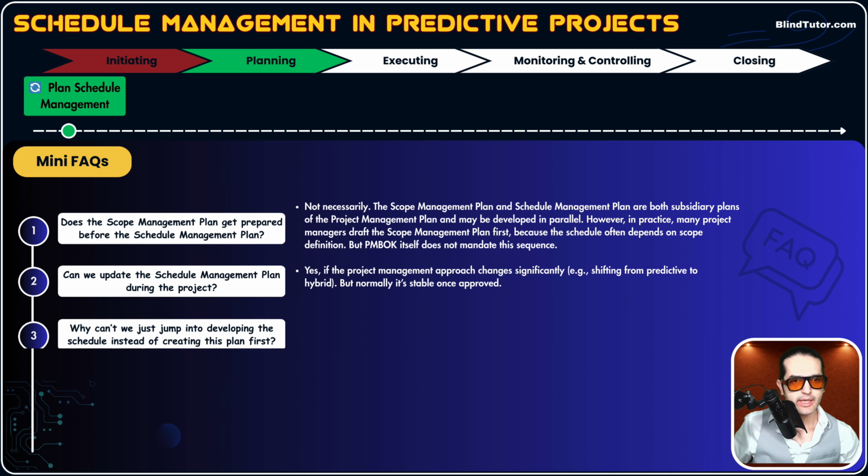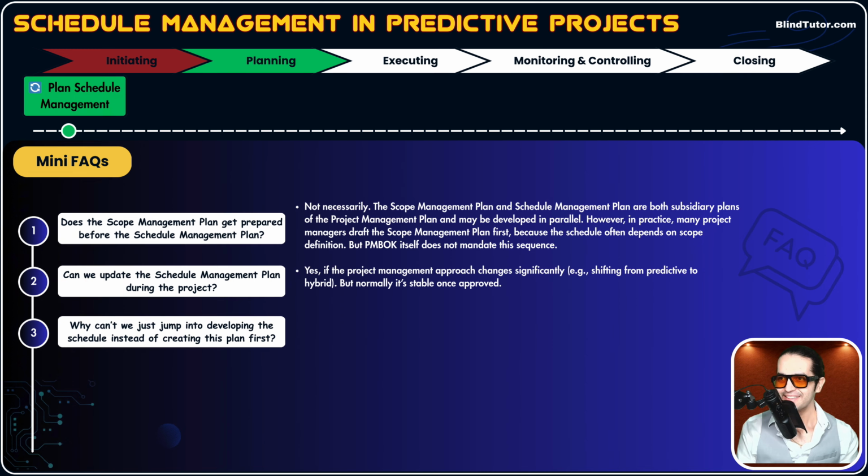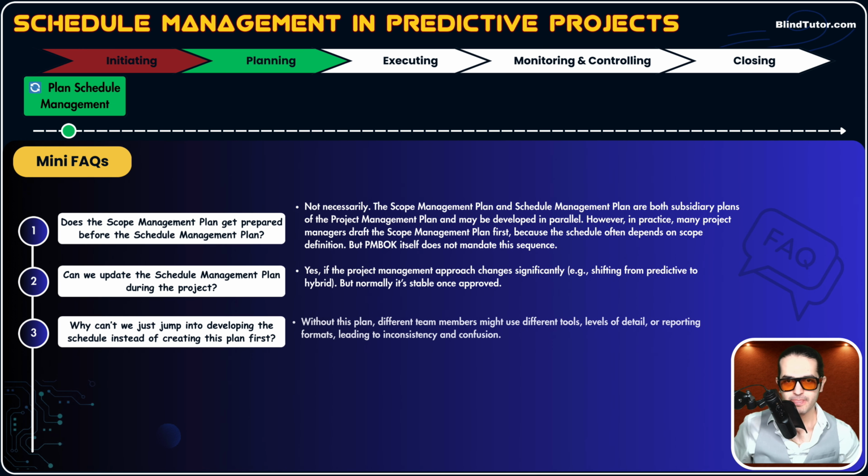Question number 3, why can't we just jump into developing the schedule instead of creating a schedule management plan first? Why waste time and create these how-to guides? Good question. Because without a schedule management plan, different team members might use different tools, different levels of detail, or different reporting formats, leading to inconsistency and confusion.